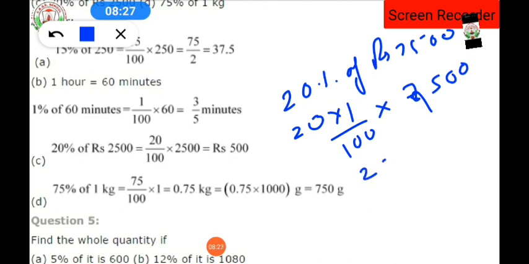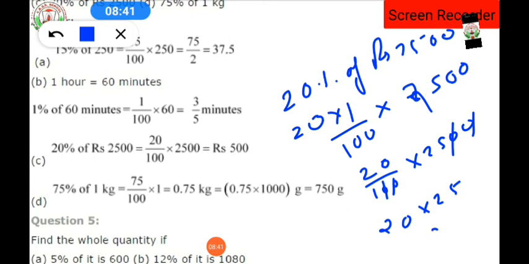Now it becomes 20 upon 100 into 2500. The 2 zeros from the numerator and denominator get cancelled. What is the number left? That is 20 into 25. So here it becomes 500 rupees. So this is the required answer.